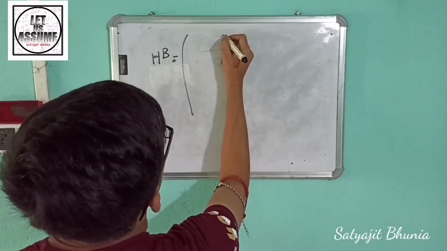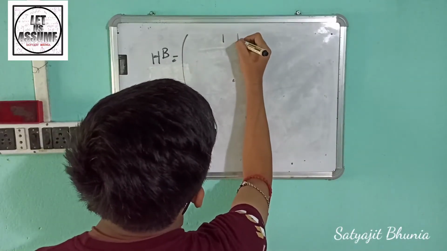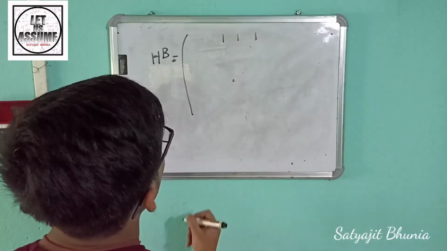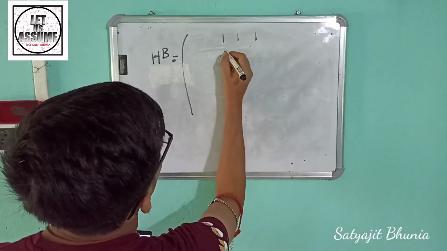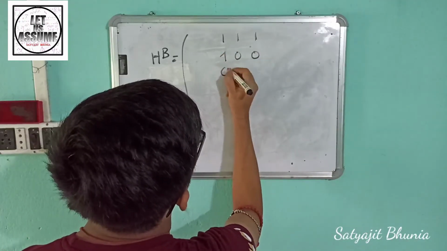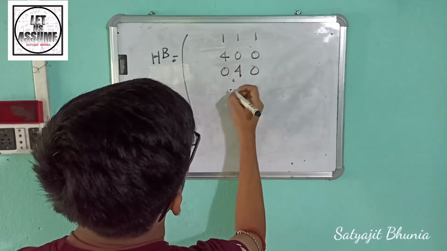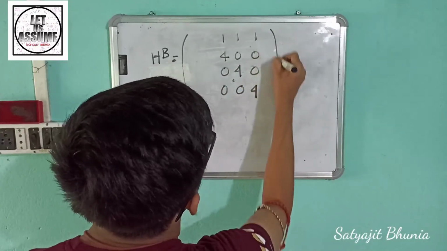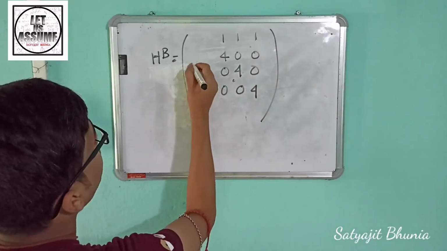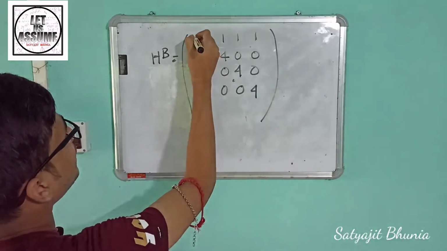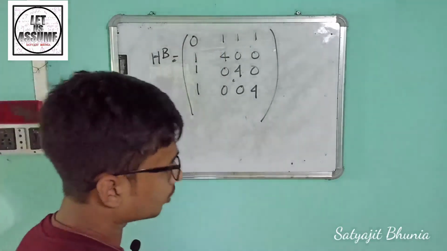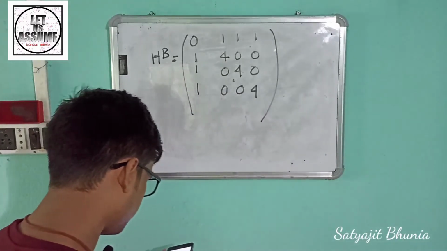First of all, we will put P here, then the Q. What is the Q matrix? 0 0 0 4 0 0 0 4. Again, then P transpose 1 1 1. In the remaining portion, there will be 0.